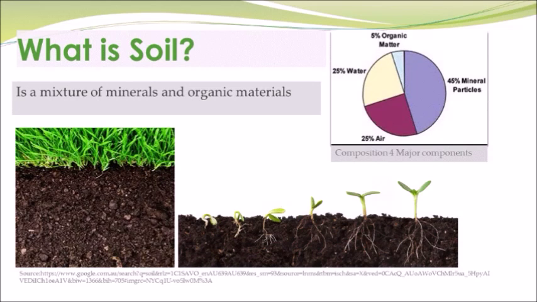Let's start. So, what is soil? Soil is a dynamic natural body on the surface of the earth in which plants grow and is composed of minerals and organic materials. The soil consists of four major components, and these components cannot be separated easily because they are very intimately mixed with each other.